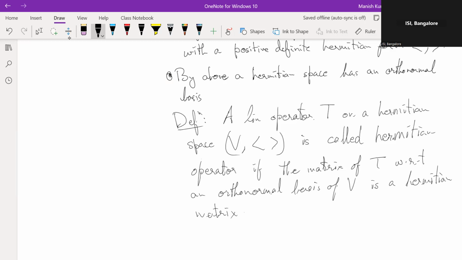Given any basis of V, the linear operator gives you a matrix.